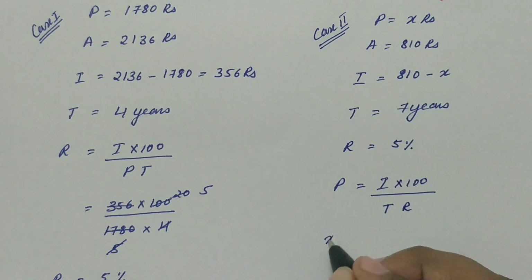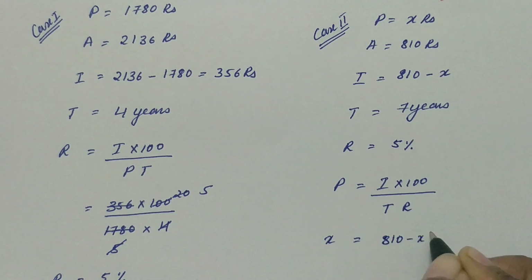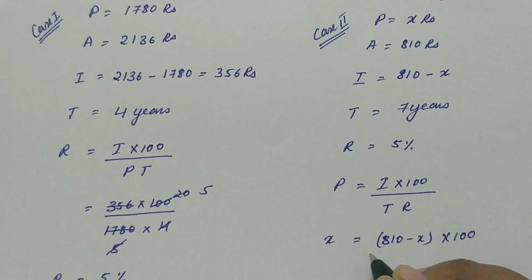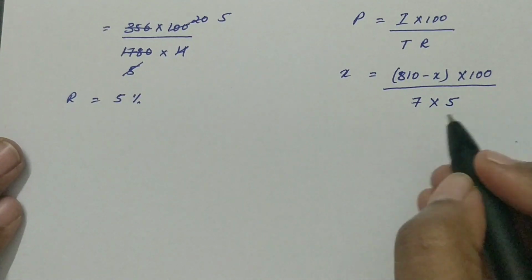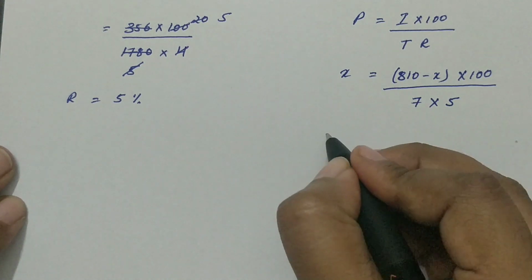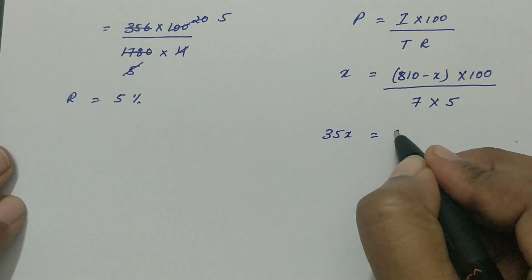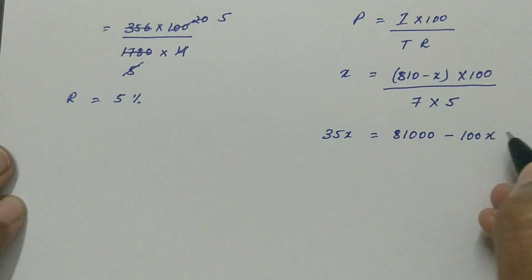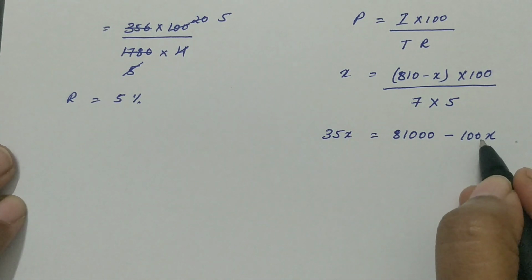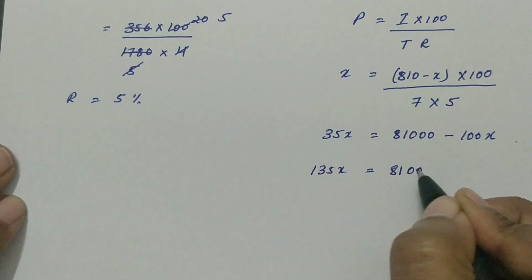P equals X, and I equals 810 minus X, into 100 divided by 7 into 5. 7 fives are 35, so 35x equals 810 into 100 minus x into 100, 100x. 35x plus 100x equals 135x equals 81,000.